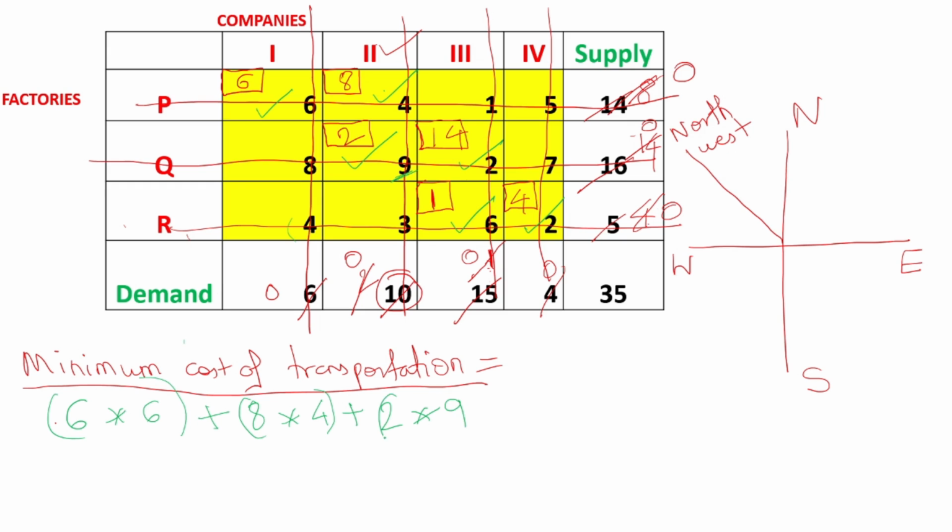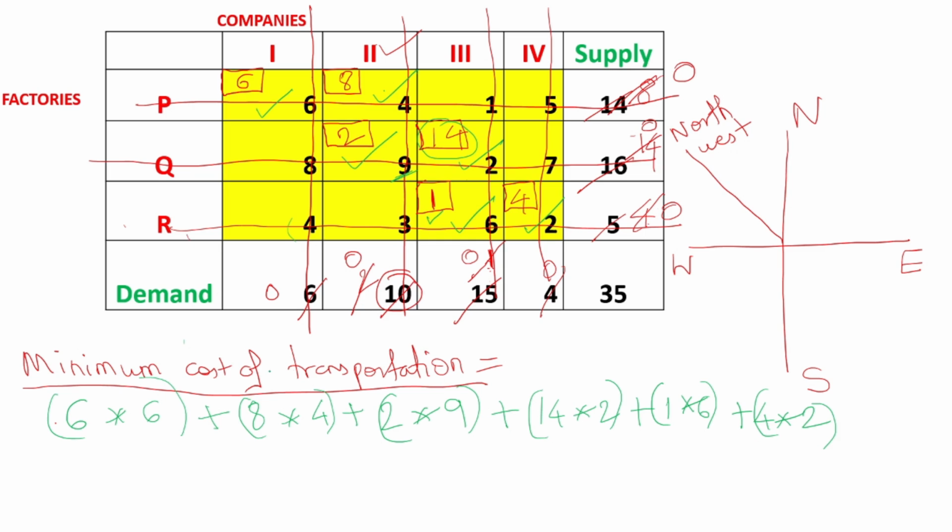So 2 into 9 plus next what we are going to consider is this, which is having the corner rectangle value 14 into cell value for that is 2 plus next corner rectangle value is over here, which is having 1 inside it. So 1 into cell value is 6. 1 into 6 plus last cell which we are going to consider is this, because it has a corner rectangle value 4 into 2 as the cell value.